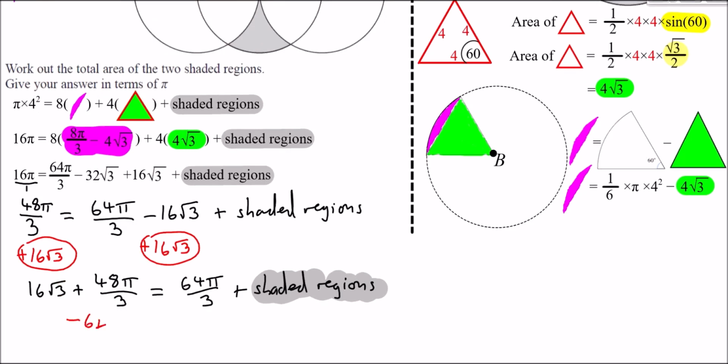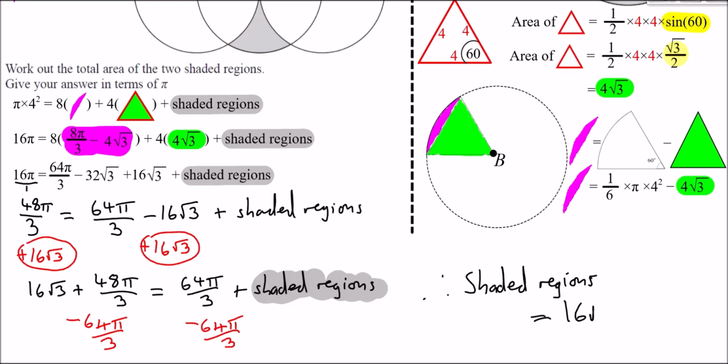So if we knock off 64 pi over 3 from both sides, we can then see that therefore these shaded regions are going to equal the 16 root 3 and then 48 pi over 3 take away 64 pi over 3. 48 take away 64 is minus 16.